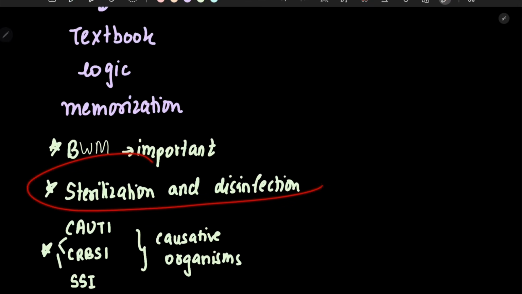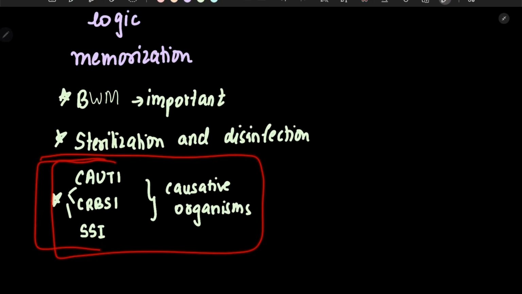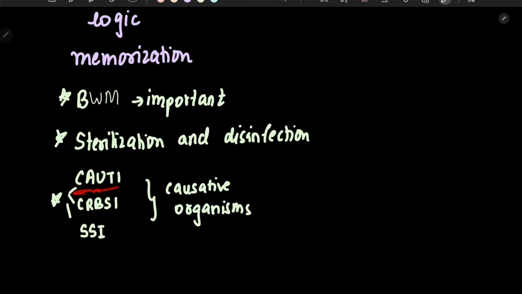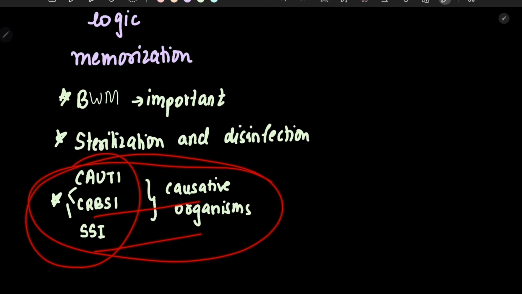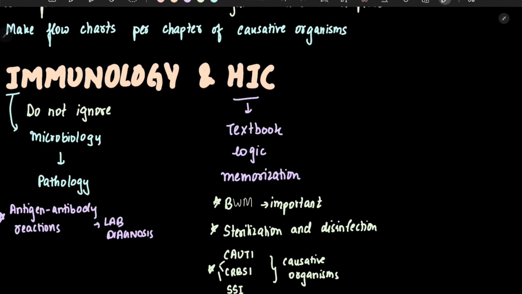That's what I did for this particular chapter. And then there's the topic called hospital acquired infections, HAIs, which has catheter associated urinary tract infections, bloodstream infections, and surgical site infections. So these topics are also important in this section.